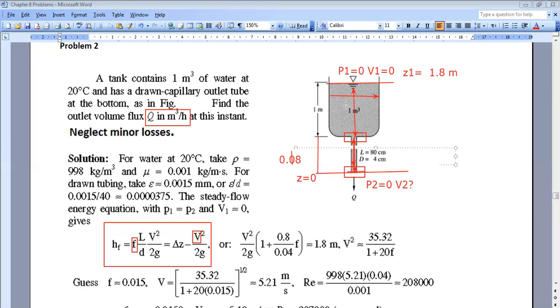If the cross-section is not very large, you can write the relation V1A1 equals V2A2. Then we take major losses in the first part and major losses in the second part separately, but the correlation between them is the relation between their velocities. So if I know V1 I can get V2.